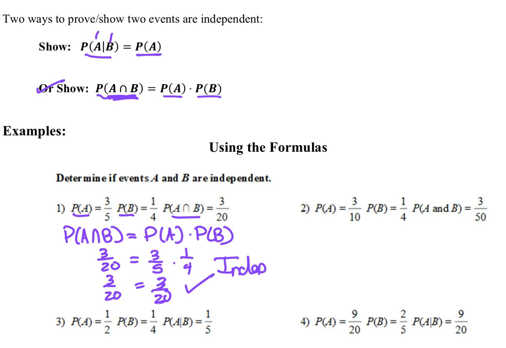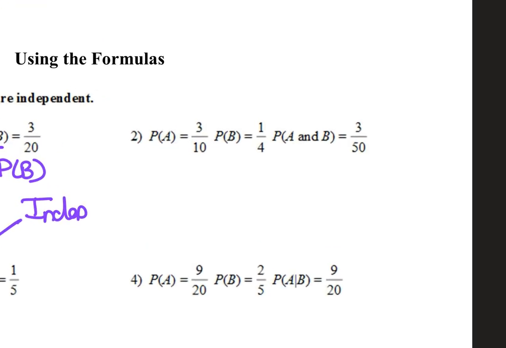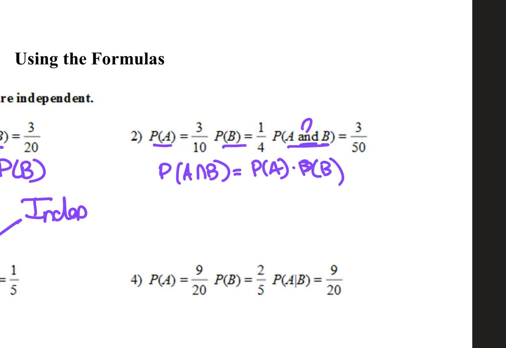Here is another example. Same deal here: we have A, B, and A and B. They can write the word and, or we can put a little symbol. They mean the same thing. You should write your formula out so we know how you are planning on proving it.